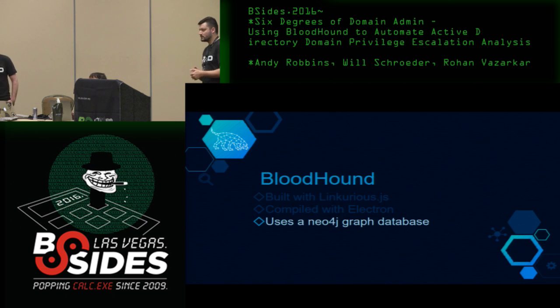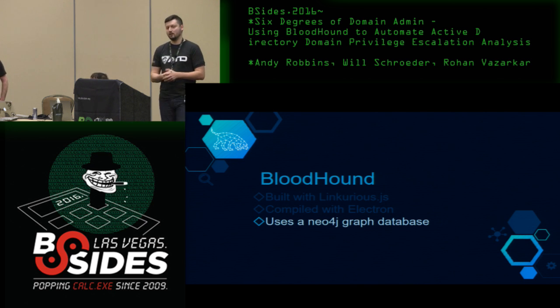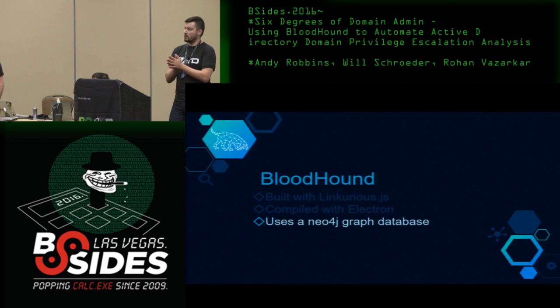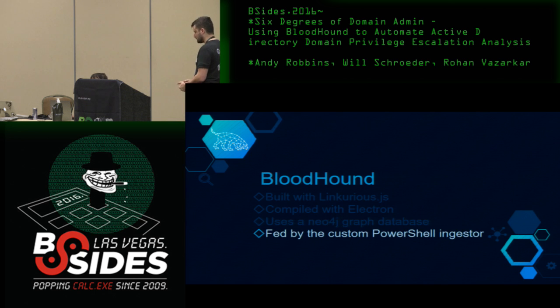Next, it uses Neo4j as its graph database. We decided to go with Neo4j, and we also decided to go with Linkurious, because they offered free and open source solutions that we could use to keep our tool free and open source.